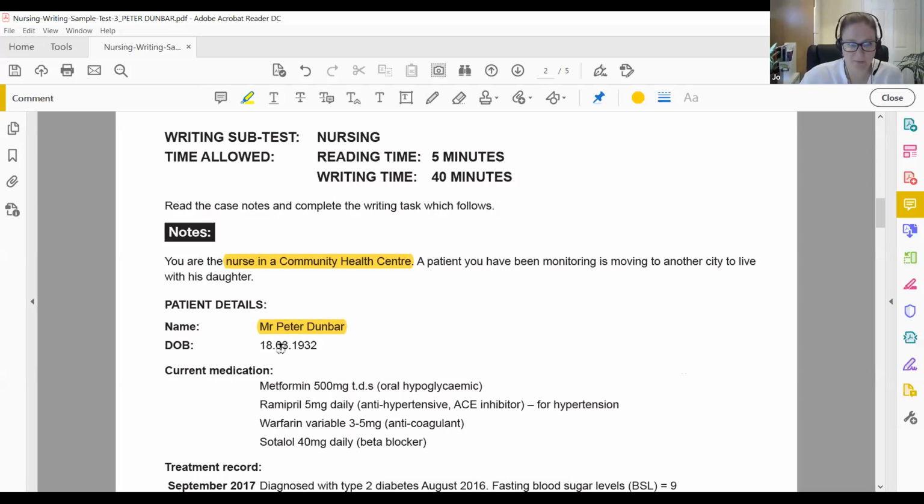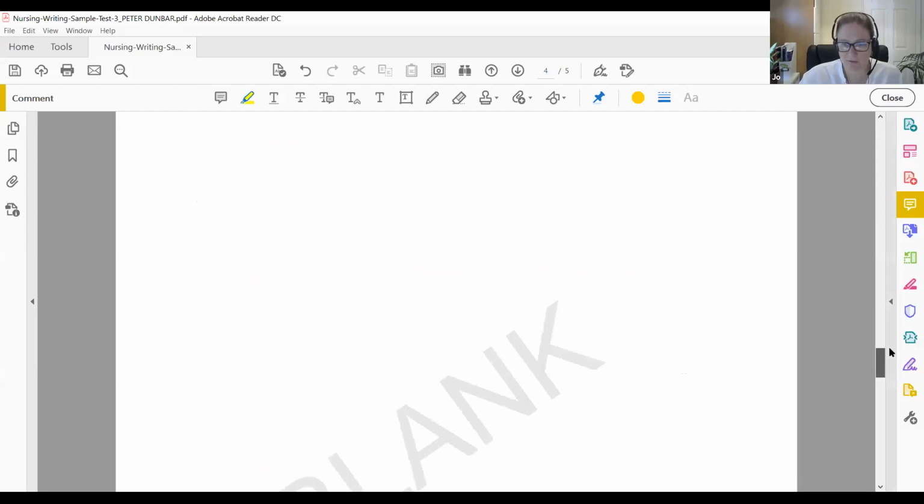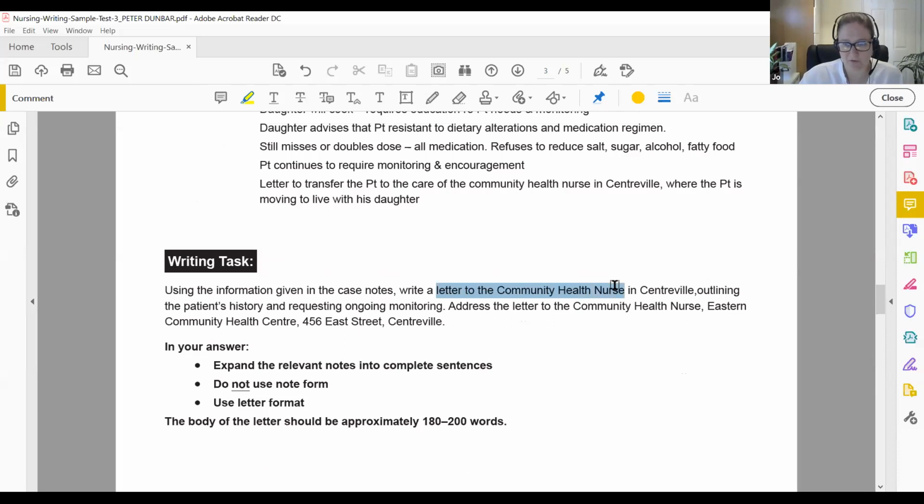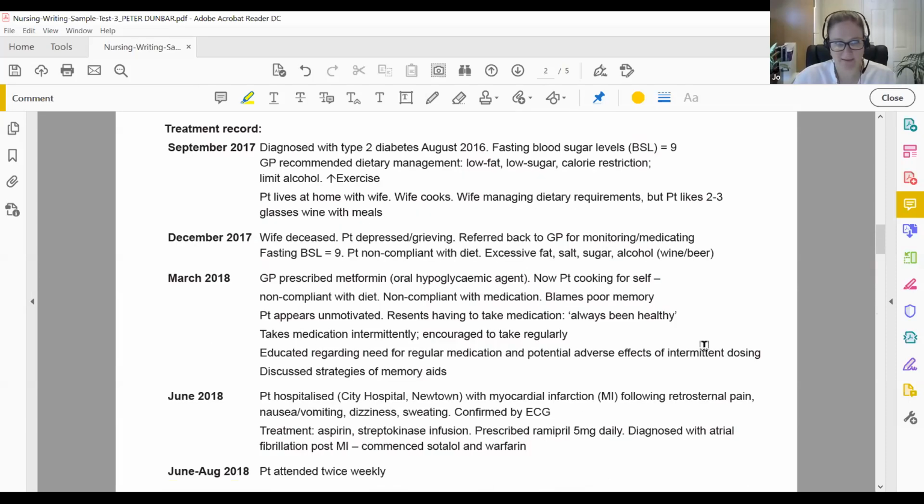So Peter Dunbar, and we've got his date of birth here. Let's look at the task quickly first of all. We're writing a letter to the community health nurse in Centreville, outlining the patient's history and requesting ongoing monitoring. So relevant history, requesting ongoing monitoring. That's the purpose of the letter.